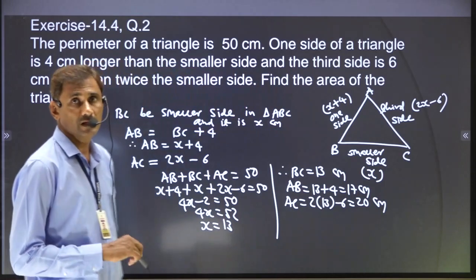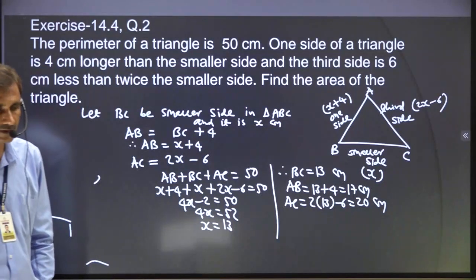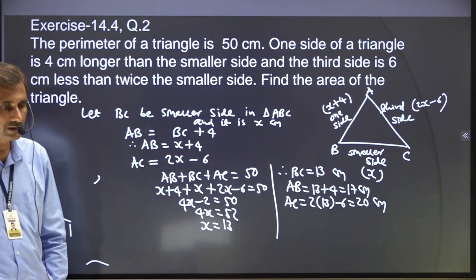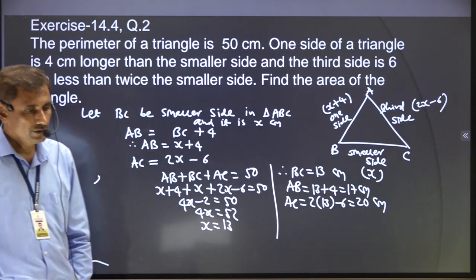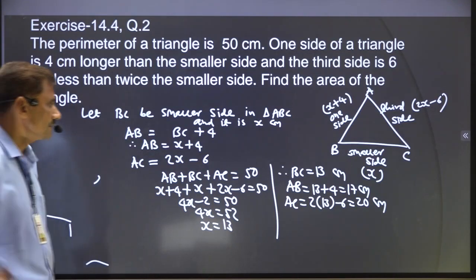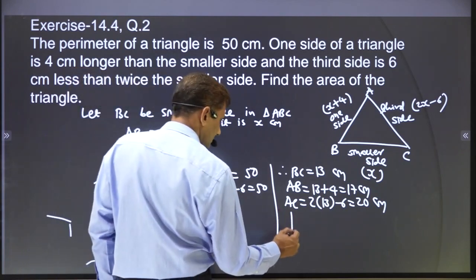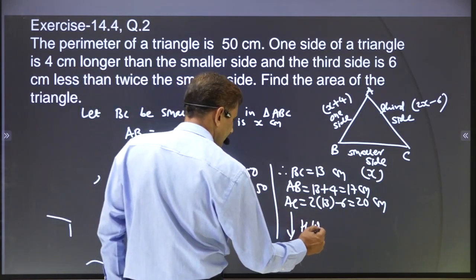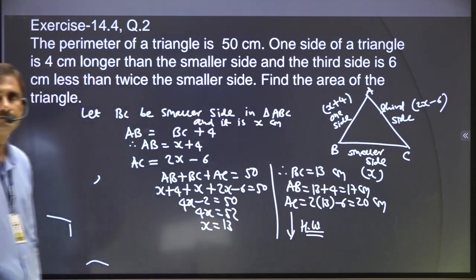Now they want the area. You know, Heron's formula is applicable here for finding that. So you should now use Heron's formula. It will be in homework. So half sum, given in homework. Understand well.